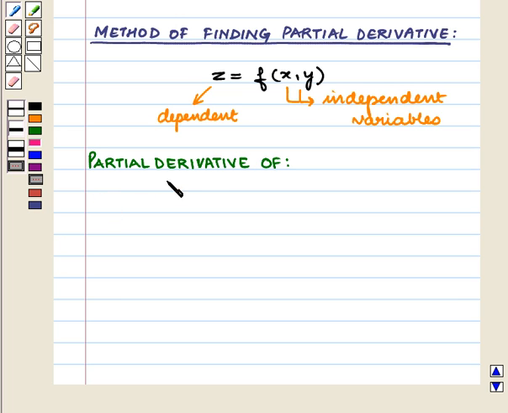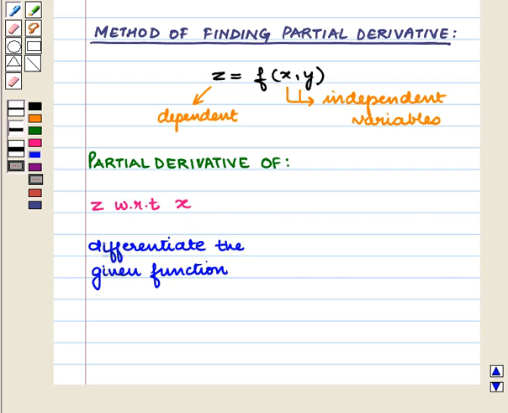To find the partial derivative of z with respect to independent variable x, we will differentiate the given function with respect to x, treating the other independent variable y as constant.